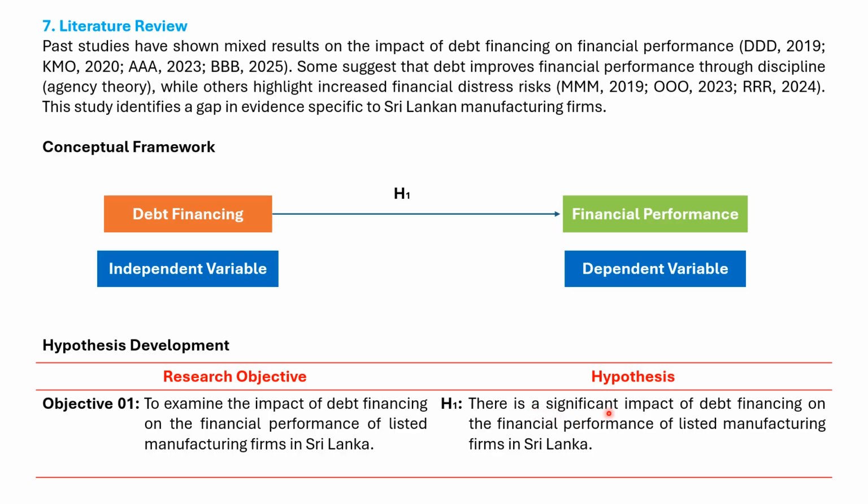So it's better to write it as an open statement: there is a significant impact. It could be negative, positive, or no impact. Because in your literature review, we have identified a gap that there are mixed results. Positive impact is there, negative impact is there, no impact is also there. So we want to keep this open, rather than leaning towards positive, negative, or no impact, right? So objective-wise, you need to develop your hypothesis.